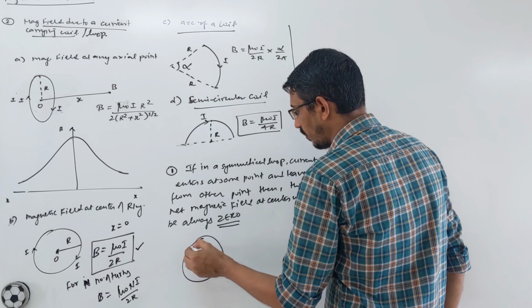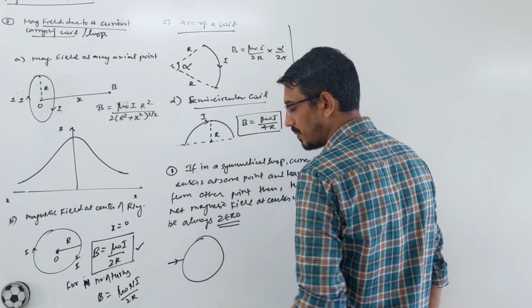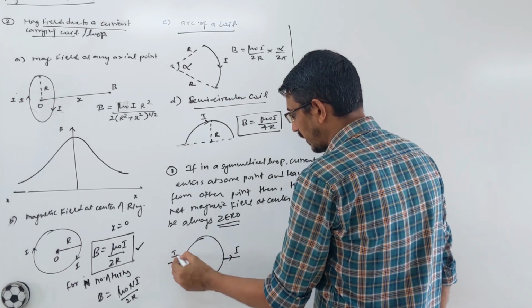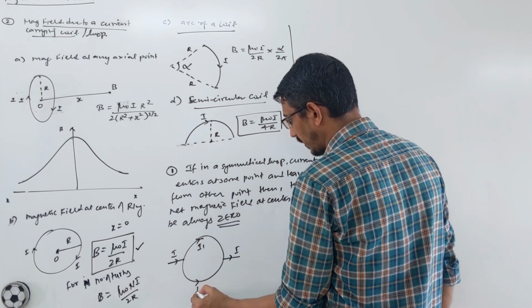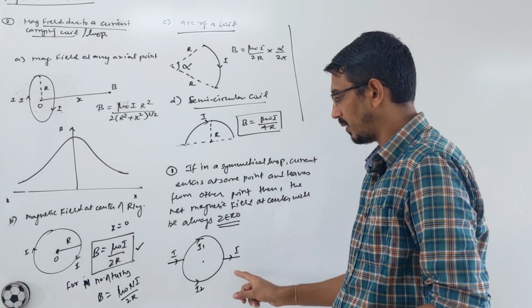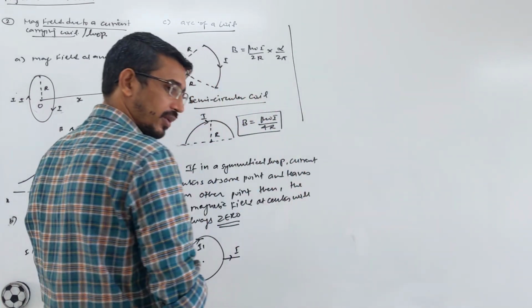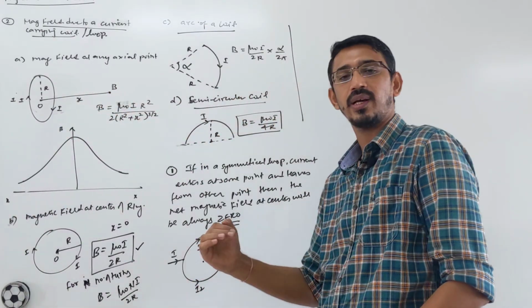Suppose this is your circular loop, current I enters from some point and leaves from this point. When the current is divided into two paths, some current I1 goes here and some current I2 goes here. So what happens actually? The top current will produce a field inward, you use your hand to find the direction of current, but the lower part will have a field outward.